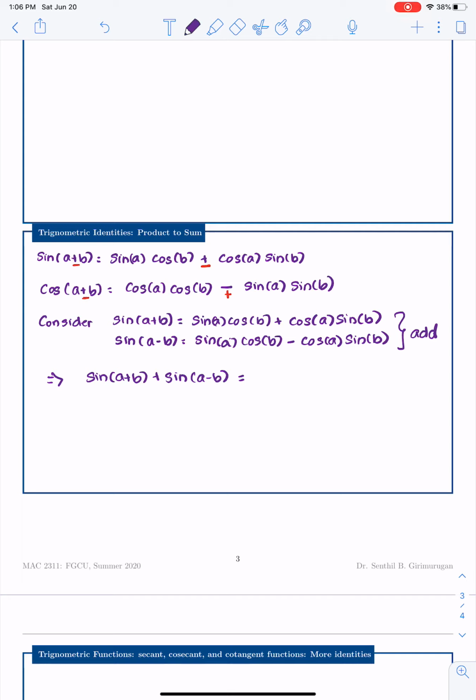So the term on the far right would get cancelled.